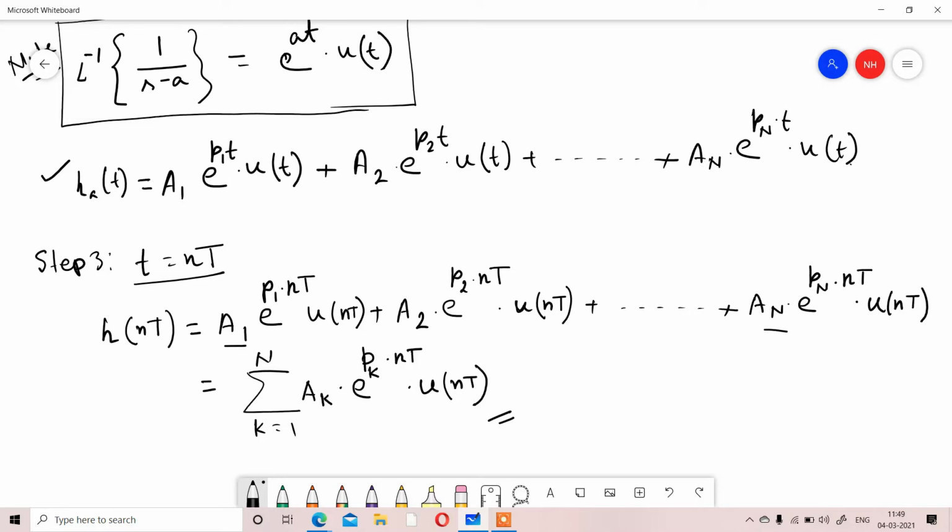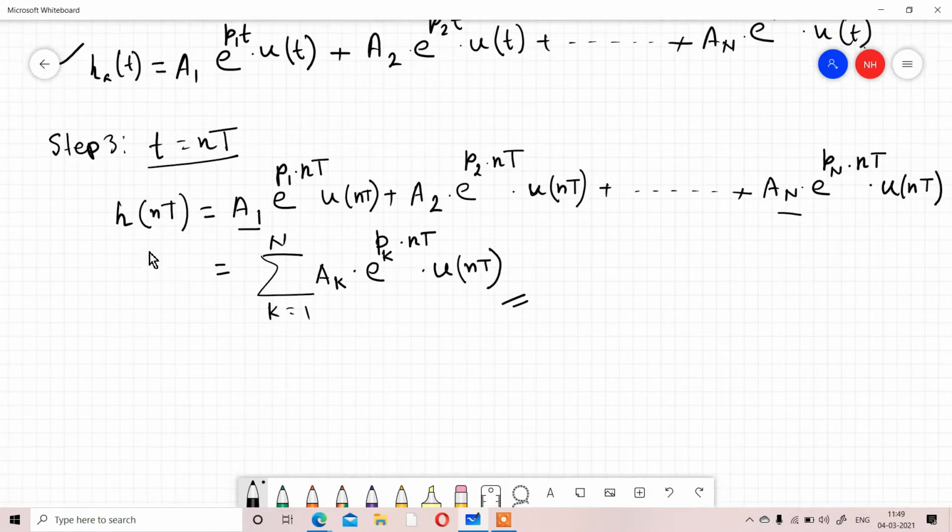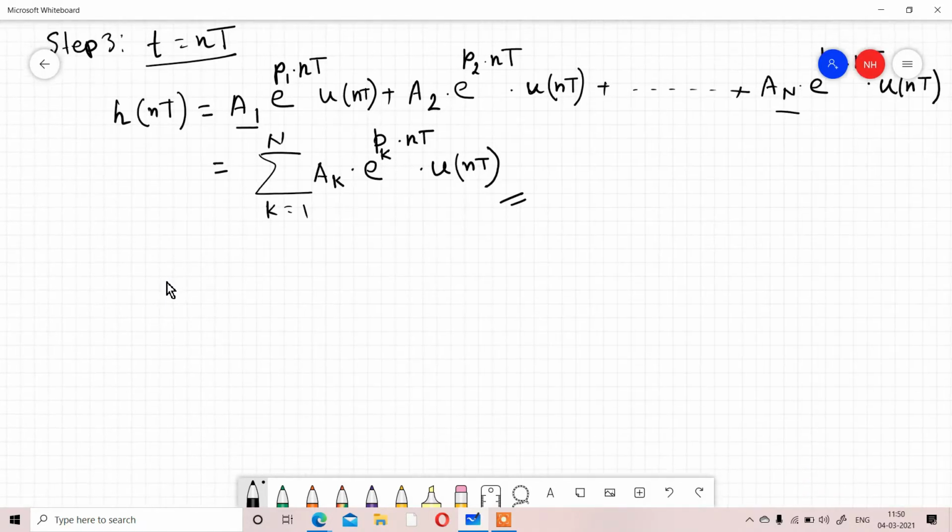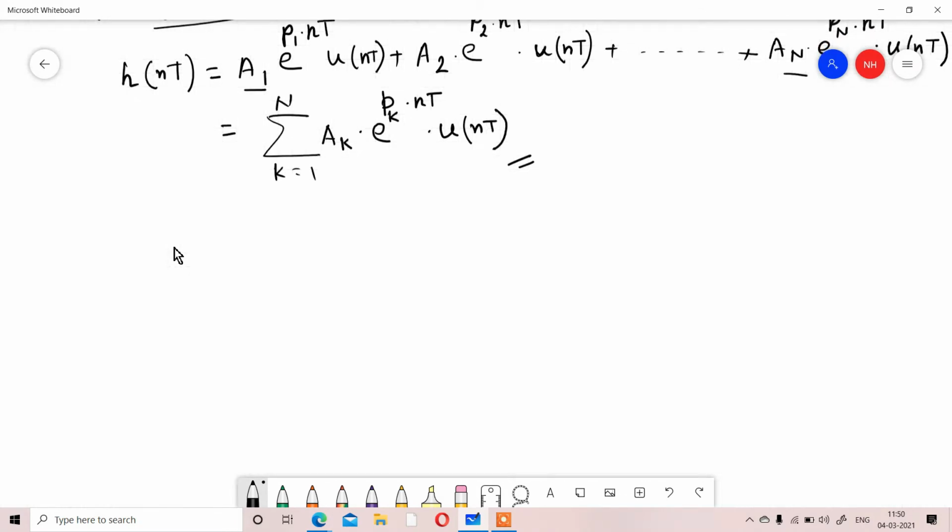So that will be your sampled h(nt). Okay. So what should be your next step? Z transform. Your next step will be you have to apply Z transform over that sampled sequence.